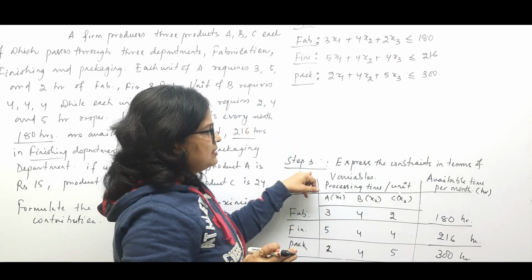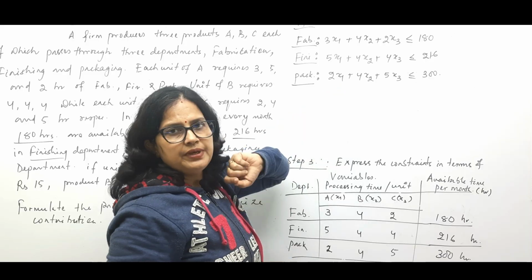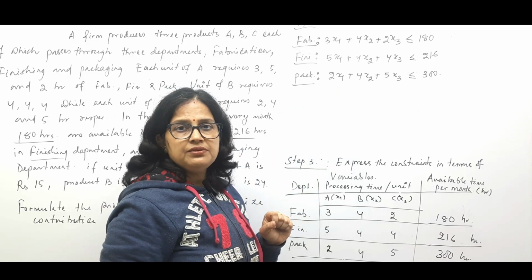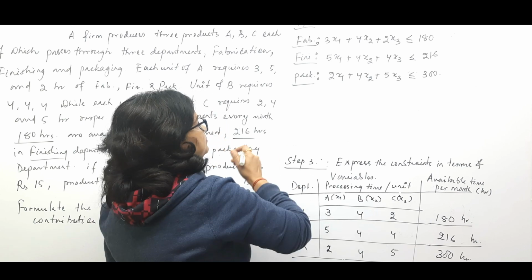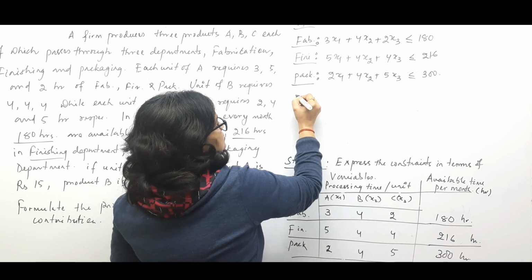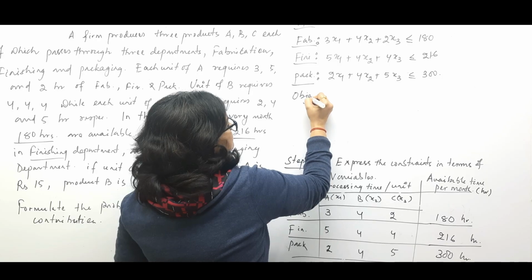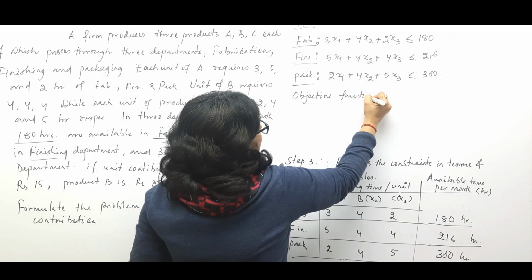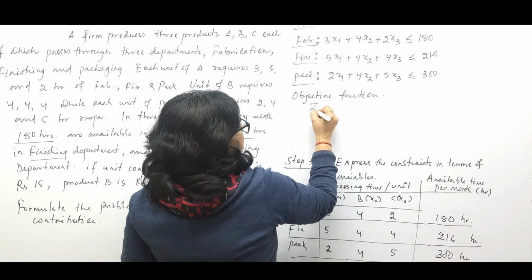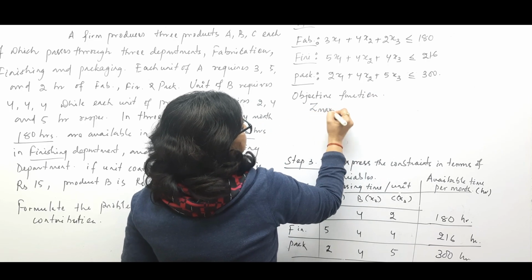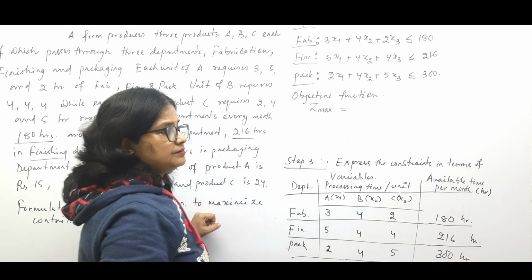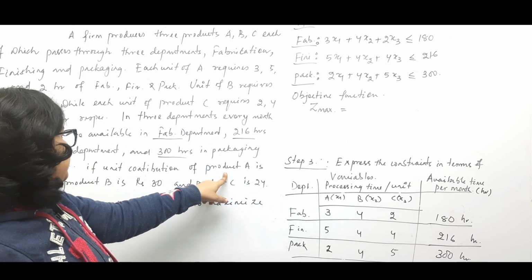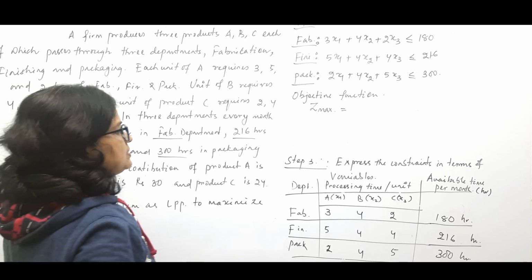We have expressed the constraints in terms of variables. So how are we going to write our objective function? Because we know we have to maximize it. So the objective function is Z maximum equal to, going back to the question, the unit contribution of product A is 15 rupees.